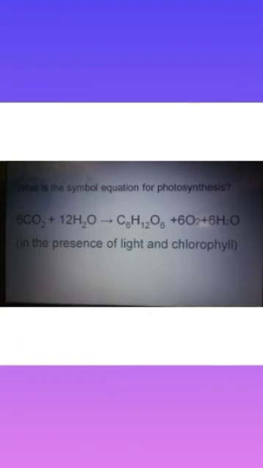The actual process is much more complicated than is represented in this equation.